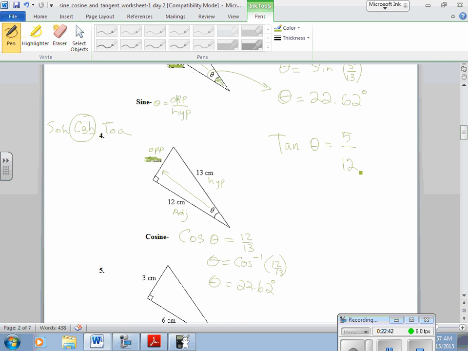So to figure out the angle measurement for theta, theta is equal to tangent inverse of 5 over 12. Can everybody type in tangent inverse of 5 over 12 on your calculator for me?